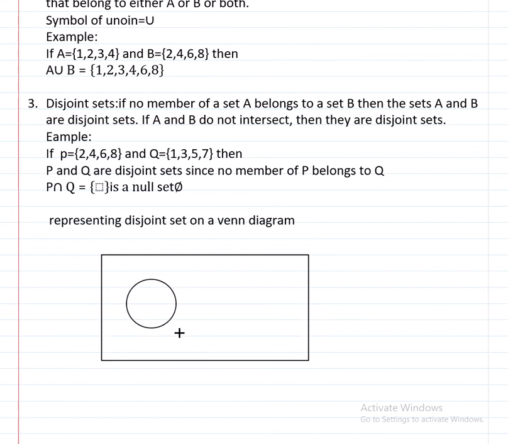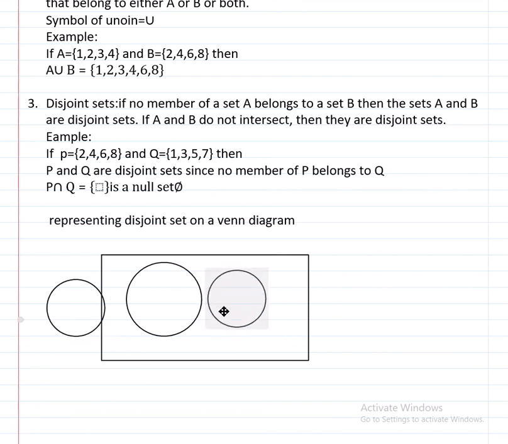So it's a disjoint set. They do not have any union. They do not have anything in common. They don't intersect, so it's disjoint. There's no intersection.